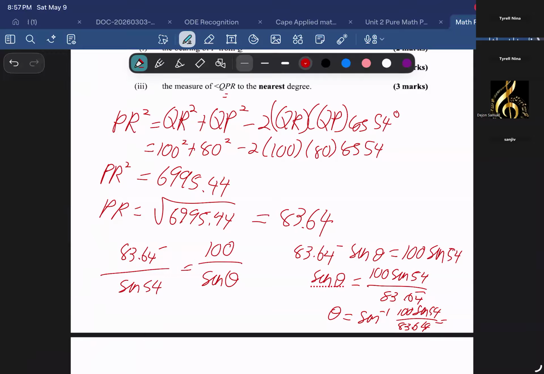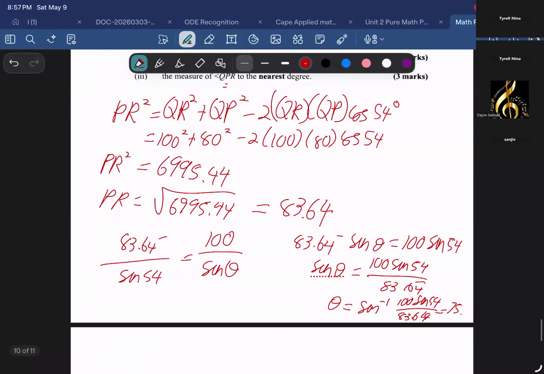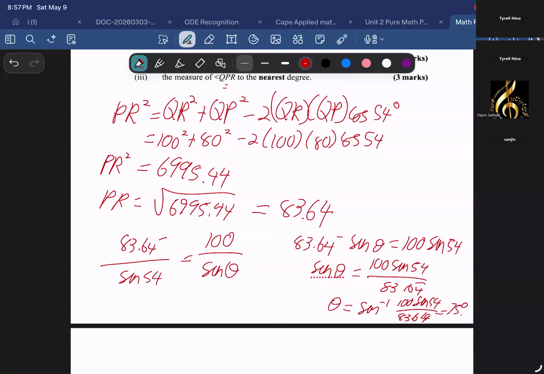And then I find the sine inverse of that, which will be 75 degrees.